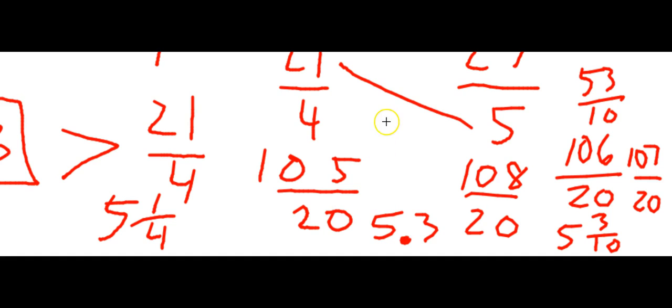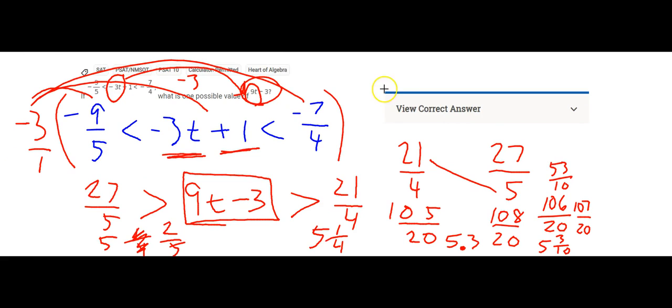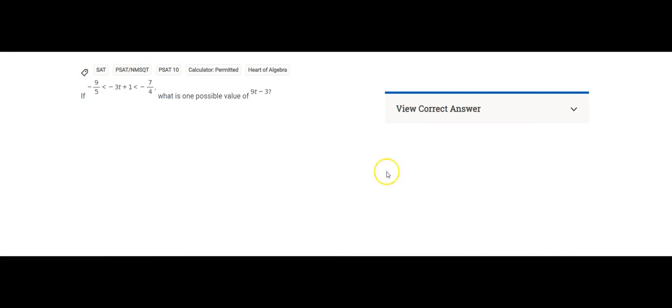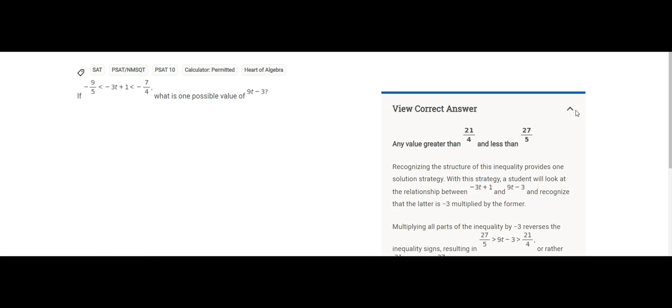Let's see if I can do the whole little zoom out thing that we were doing earlier. Control O. Okay, there we go. And then we will see if we got a good answer here.